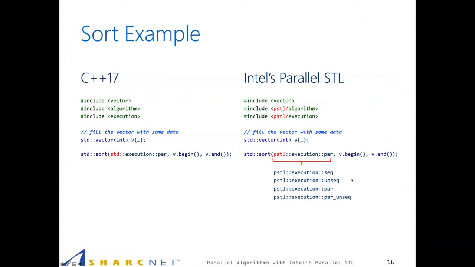They are exactly the same. But the good thing is that Intel also supports the unseq execution policy, which is part of C++20. And one thing you should notice is that there is no need to change the std before the algorithm, for example sort, to pstl, only the execution policy.